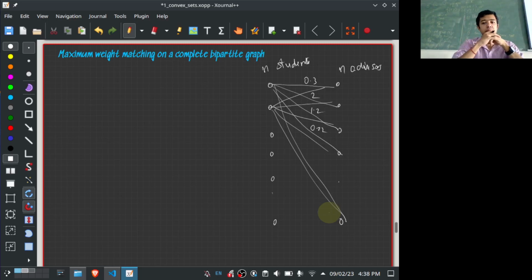So that, let's say, the total weights, right? So corresponding to each edge, there is a particular weight, right? Or each student-advisor allocation, there is a particular weight, and corresponding to one particular allocation, you can define the weight of that particular allocation. So for example, let's take 3 students and 3 advisors.